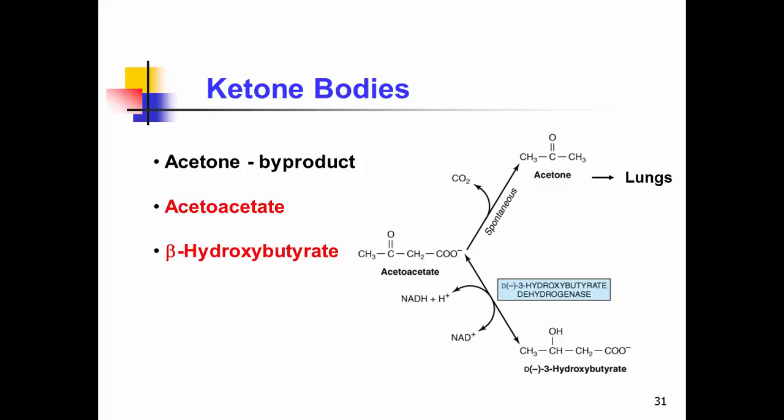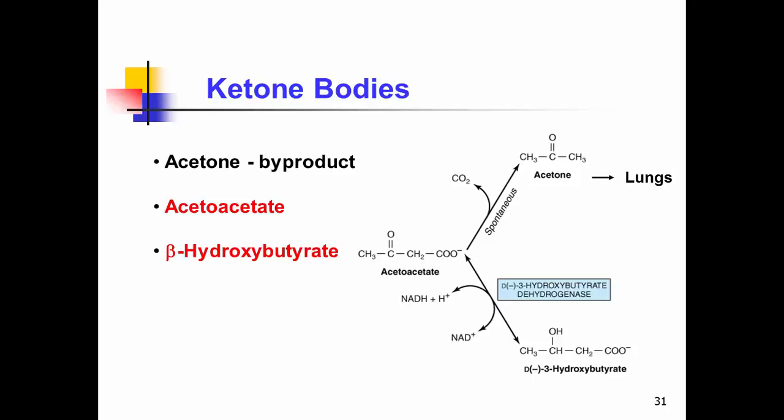Okay, there are actually 3 molecules considered ketone bodies, but beta hydroxybutyrate and acetoacetate are the major forms. In other words, beta hydroxybutyrate and acetoacetate are present in the most abundant amounts in the circulation in the body. And acetone is the byproduct of the decomposition of acetoacetate, and acetone is usually excreted through the lung.